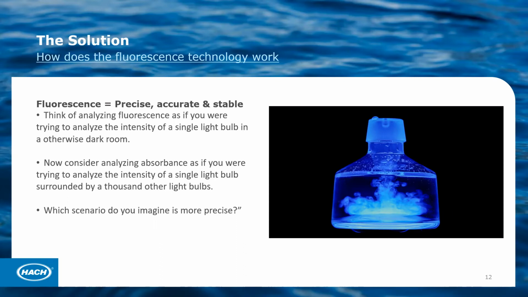When we think about fluorescence in general and what's special about it, there's really one core important factor that has made this new revolution in ultra low range testing possible, and that is stability. So I have this little distilled way of thinking about what is different about fluorescent versus the traditional colorimetric tests that we're used to seeing.